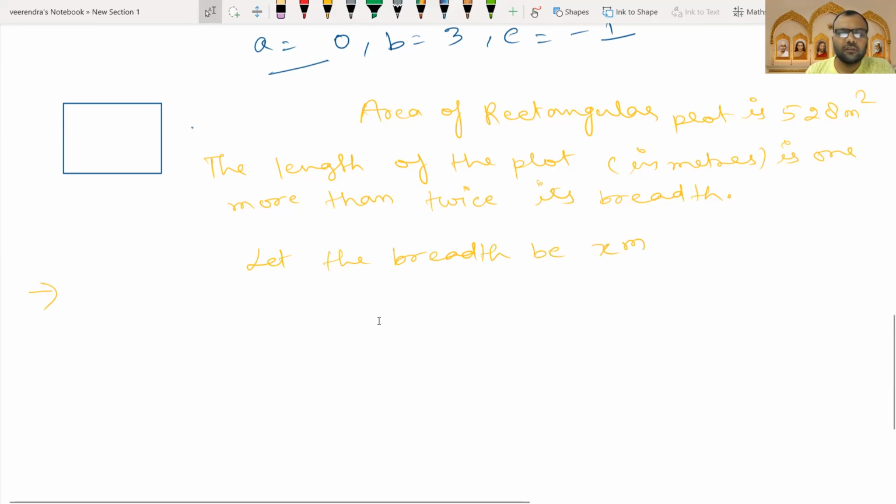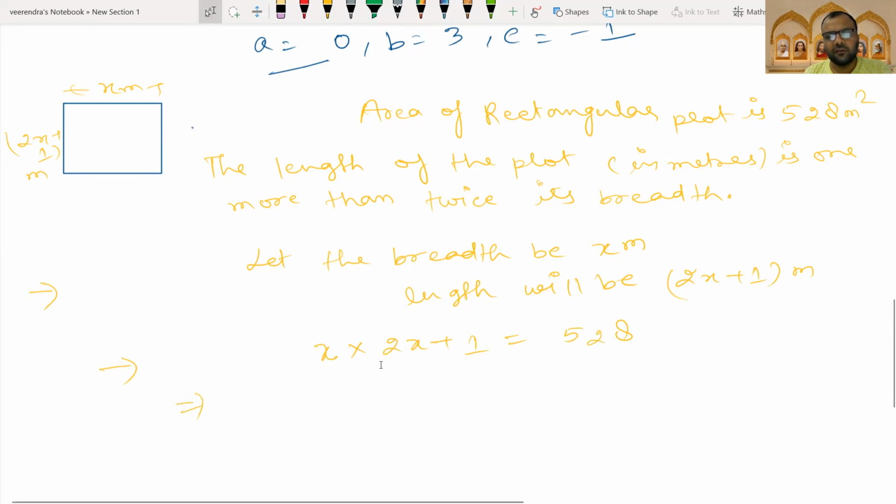So according to the question, the length will be 2x plus 1 meters. The area is given as 528 square meters, and we know the area of a rectangle is length into breadth. So here x into 2x plus 1 is equal to 528.